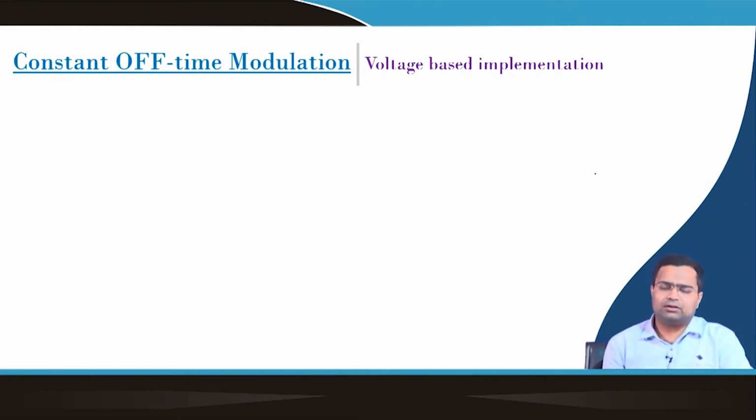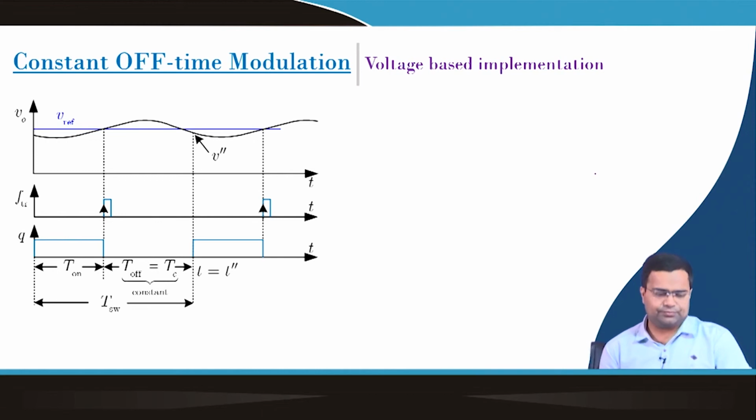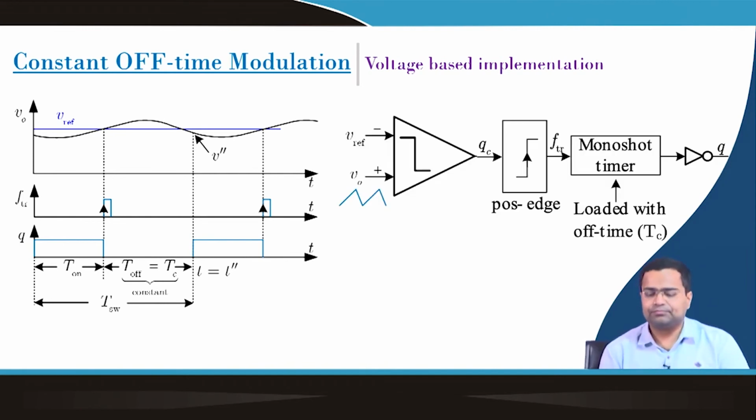Now, we can implement this constant off time using voltage based control also. In this case, we compare the output voltage with the reference voltage the same way, put a positive edge detection circuit at the comparator output, then a monoshot timer, and again this is an inverted signal.